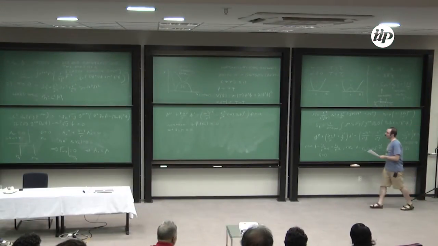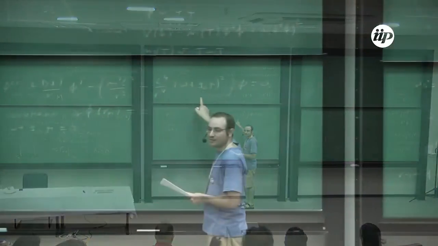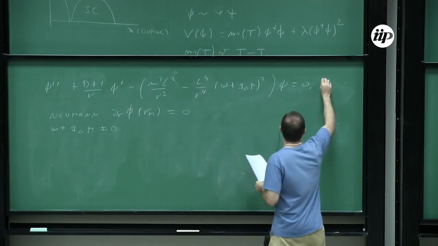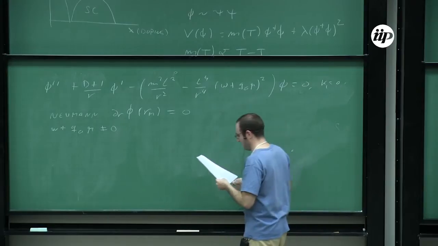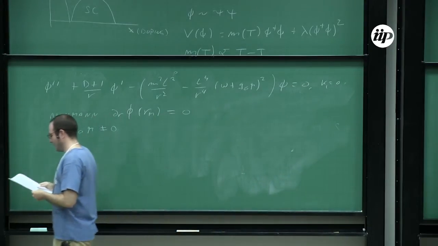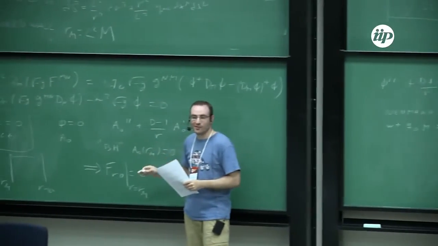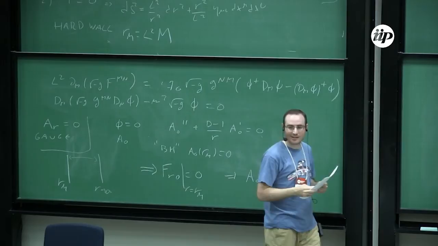I'm just looking at solutions that depend on the frequency only. So I'm setting the momentum equal to 0. Thank you. So I'm taking k equals to 0, k_i equals to 0, because I want to look for homogeneous solutions. So I don't introduce any space dependence.